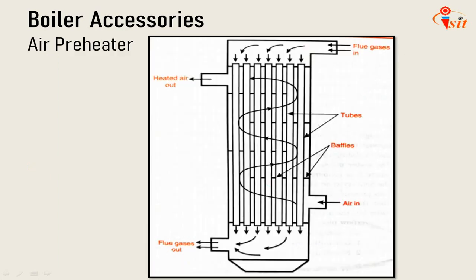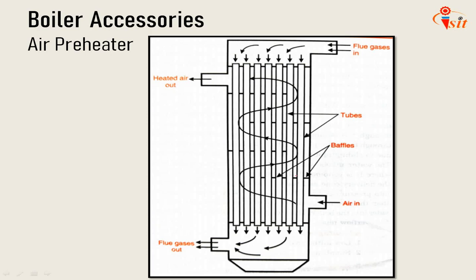Next is air preheater. The function of an air preheater is to increase the temperature of air before it enters the furnace. It is generally placed after the economizer. So the flue gases pass through the economizer and then to the air preheater.